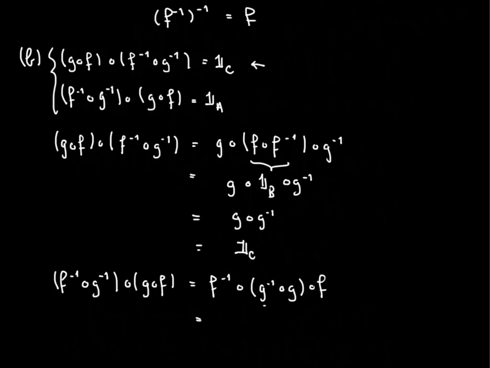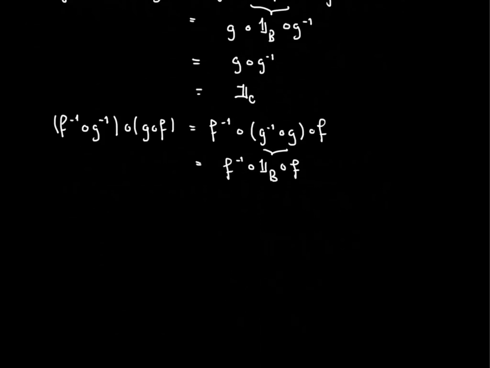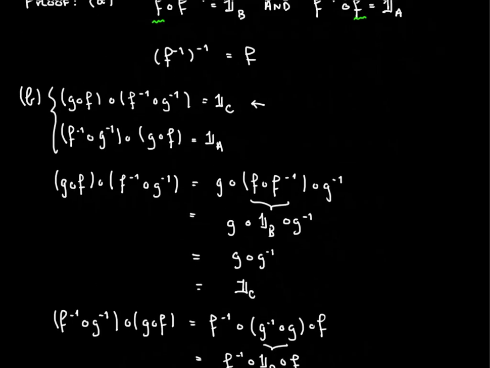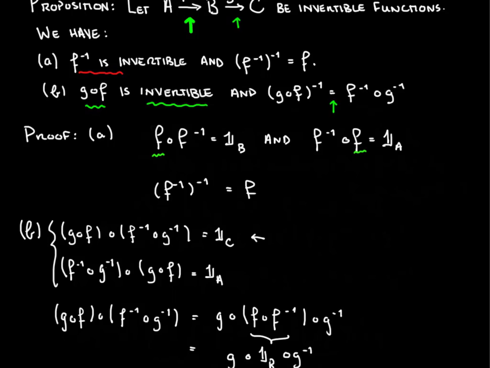And what this is equal to is the identity over B again. Circle f, circle the inverse of f. Once again, the identity over B is useless. We can just simplify this as the inverse of f, circle f, and this will give us the identity over A. So in one proof, we've shown two things.